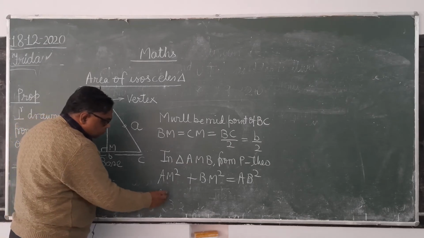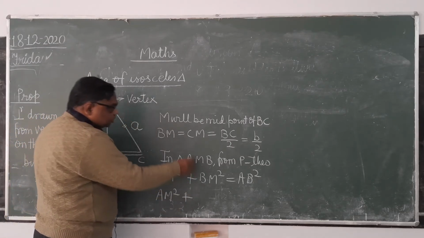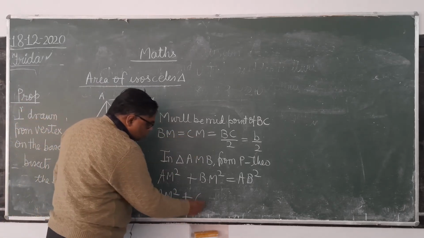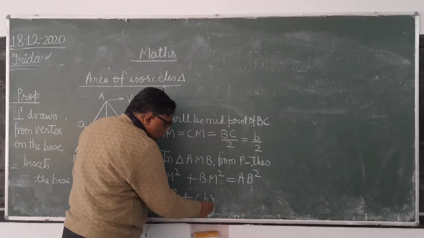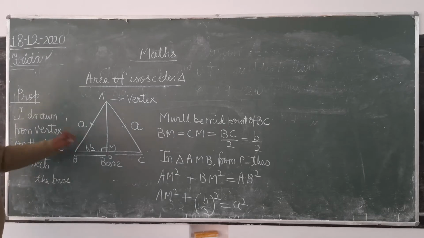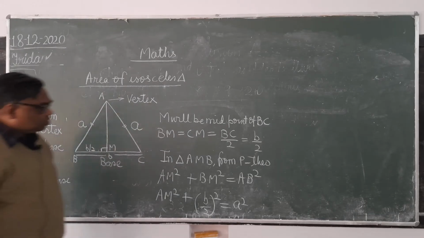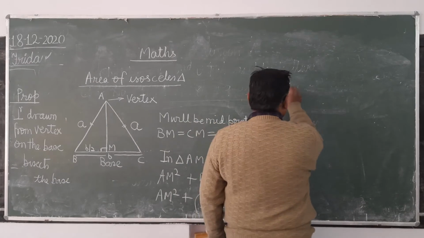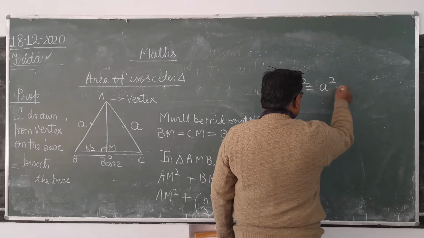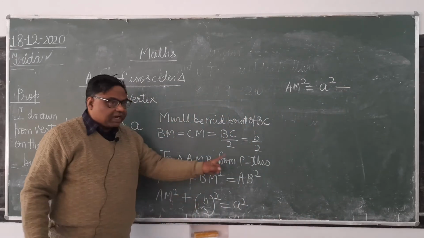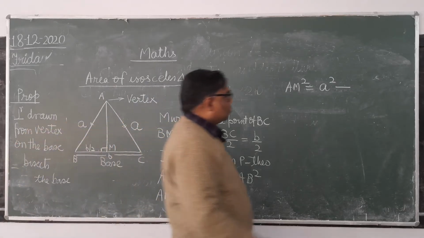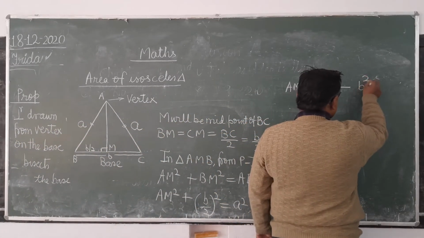AM square plus BM square, BM is B upon 2, so B upon 2 whole square equals AB square, that is A square, because the length of AB is A. Is it clear? So see here, what will be AM square? It will be A square, and when you take this to the other side, it will become B square upon 4. So you take the LCM now.